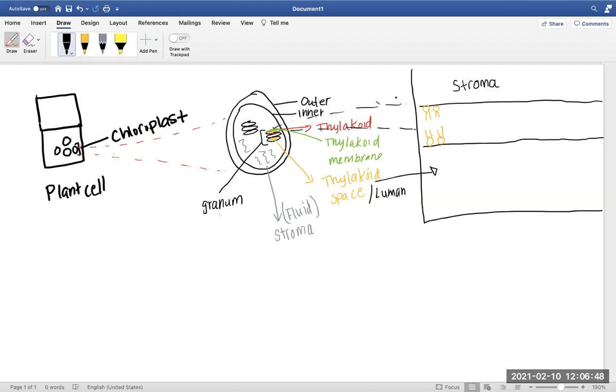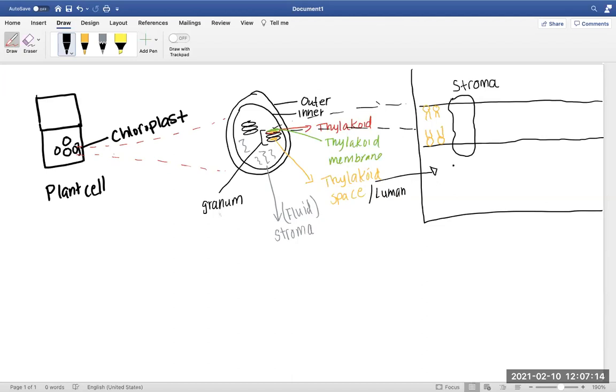Okay, so we have here, there are a lot of them. I'm not gonna try to draw all of them. I'm just gonna try to draw what we covered so far, okay? So I'm gonna draw one here. What is the first one called? This photosystem, which photosystem comes first?